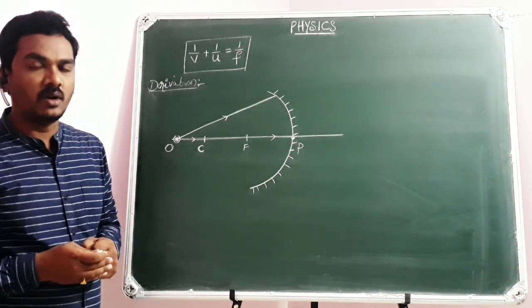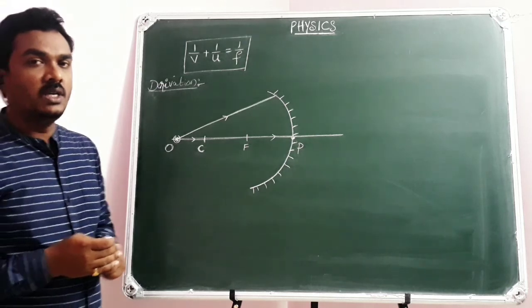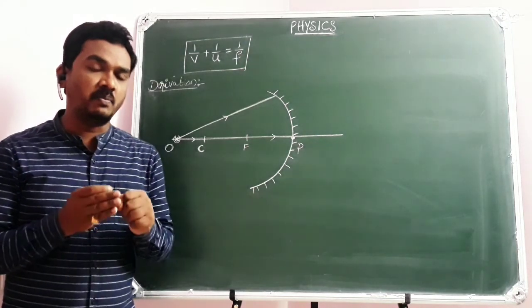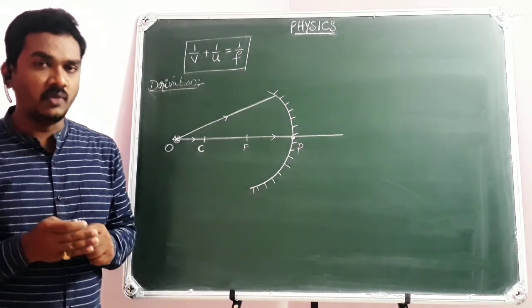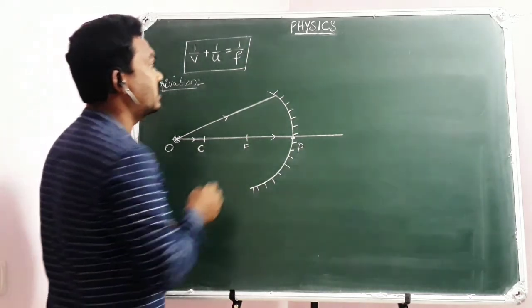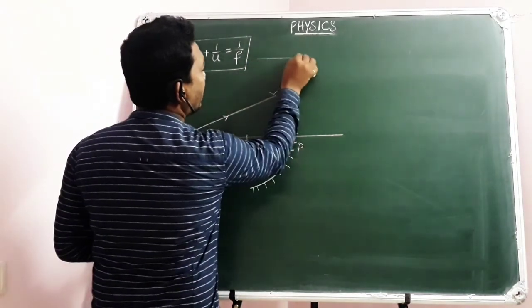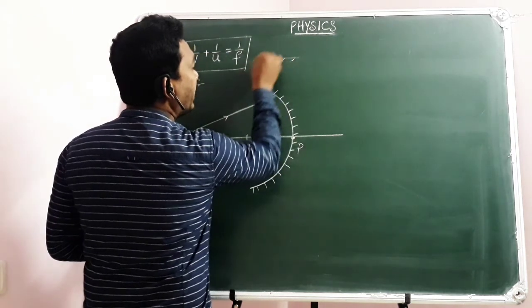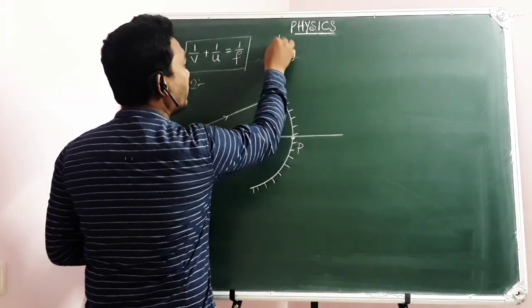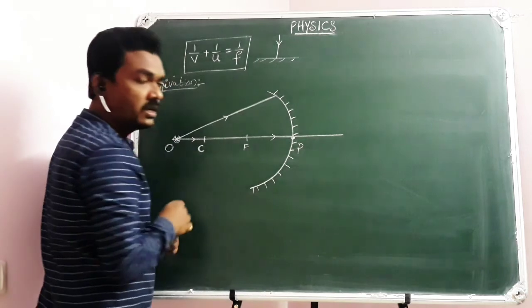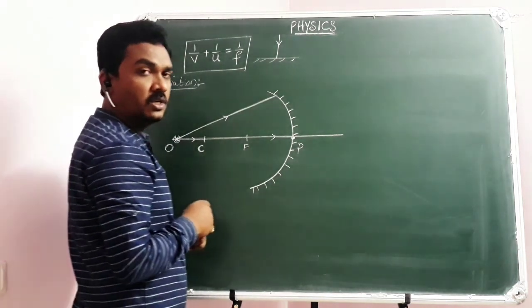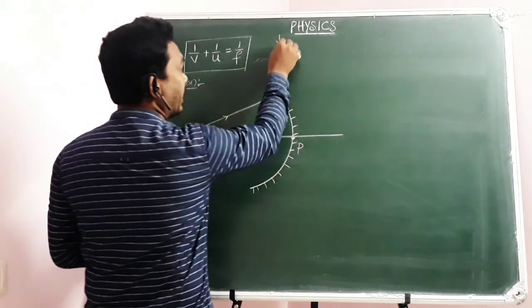I think you have an idea of normal incidence, but let me tell you. If a light ray falls perpendicular to the surface, then we call it normal incidence. If a light ray falls on the reflecting surface perpendicularly, then it is a normal incidence. Don't think that the angle of incidence is 90.